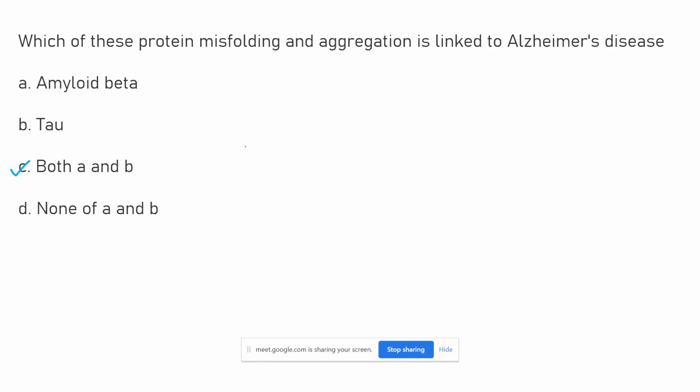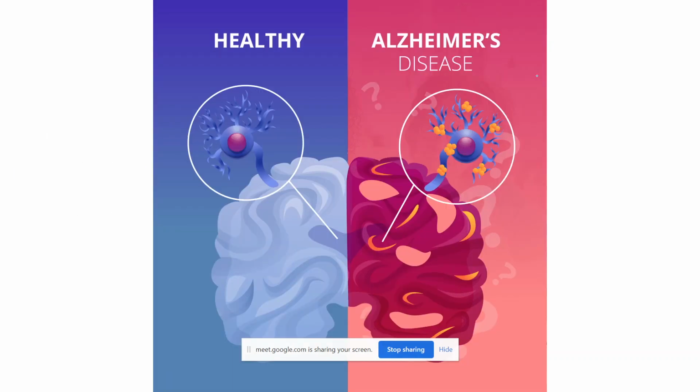Alzheimer's is basically a neurodegenerative disorder, and it usually results in memory loss or memory impairment.